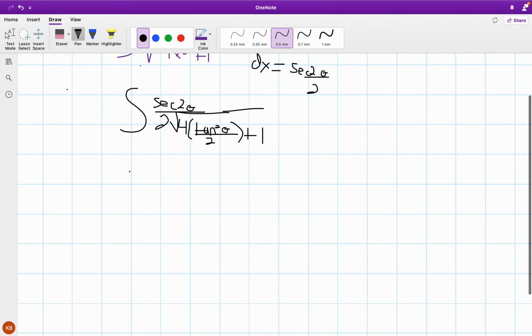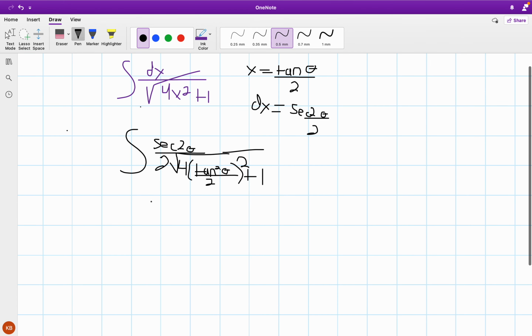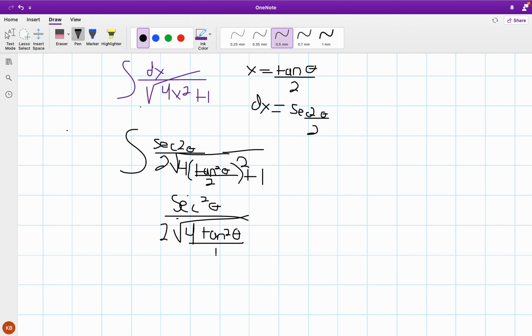Alright, so we have to square everything in these parentheses. So it's going to be tan squared theta over 4 plus 1. So now our 4's will cancel out, so we can solve the problem like normal.